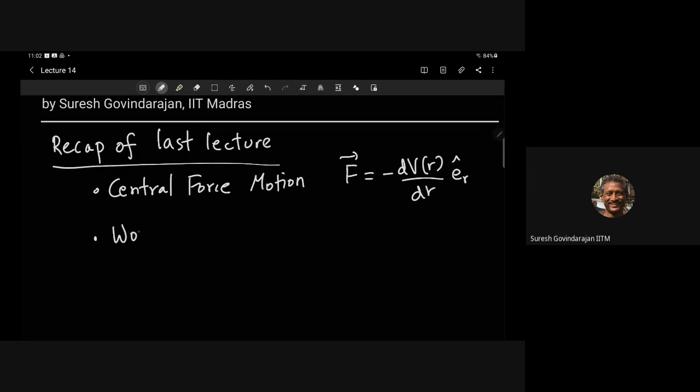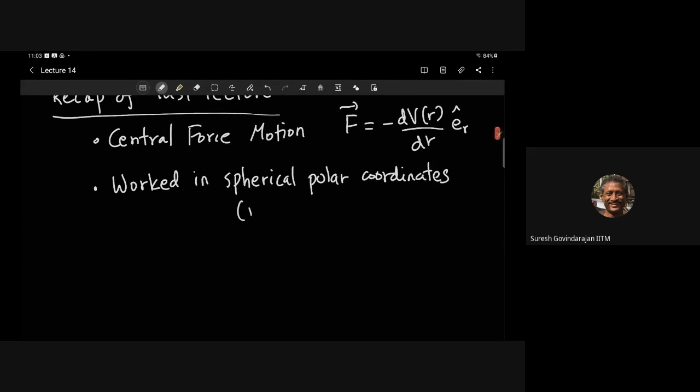And it was useful to work in spherical polar. Okay, and immediately we saw that phi was cyclic.